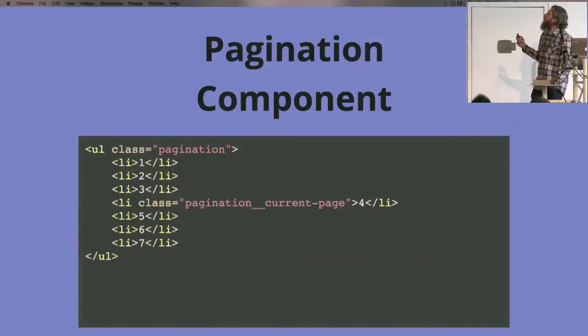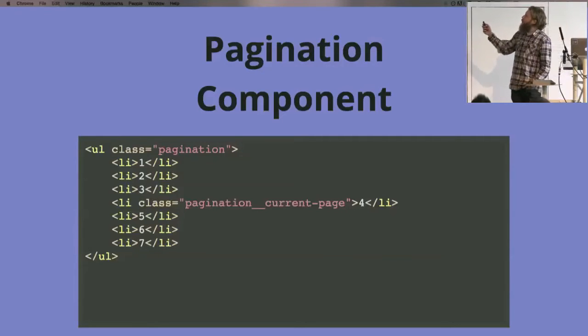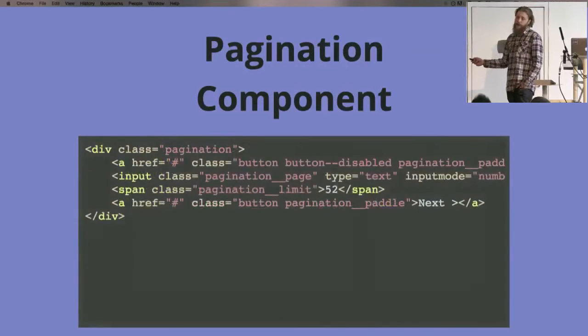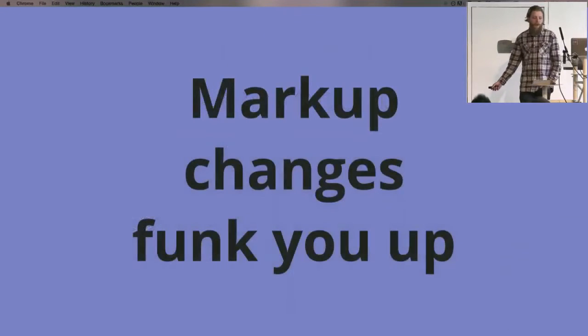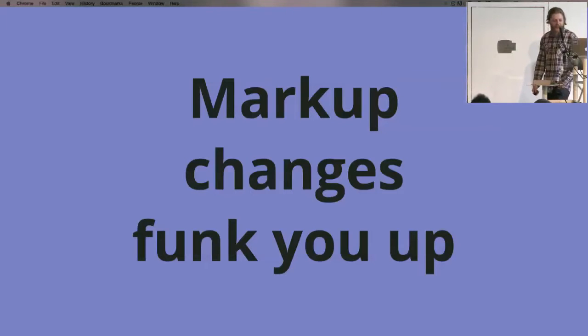So you'd need to find everywhere in your app where you have this code, copy this from the pattern library, and replace these. The markup changes really mess you up. I'm trying my best not to swear, so you'll notice the little changes in words there.